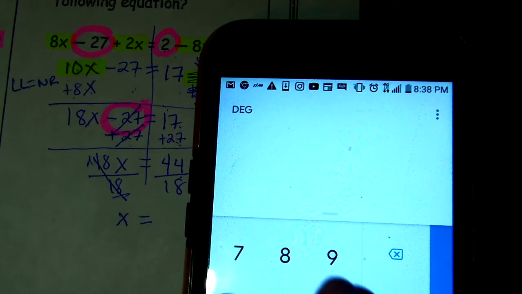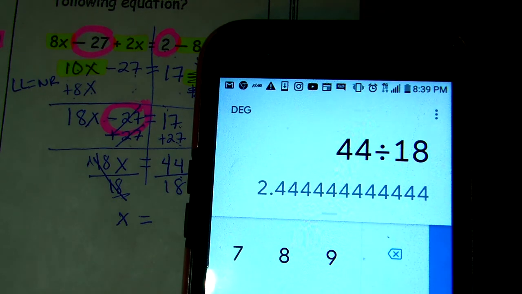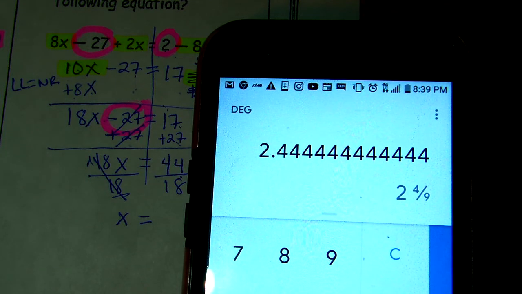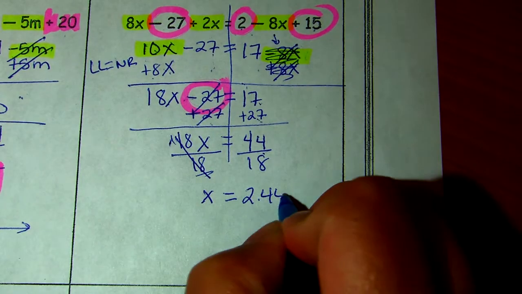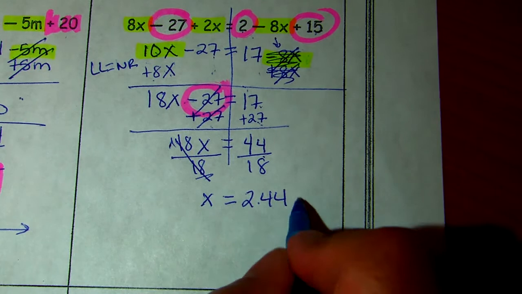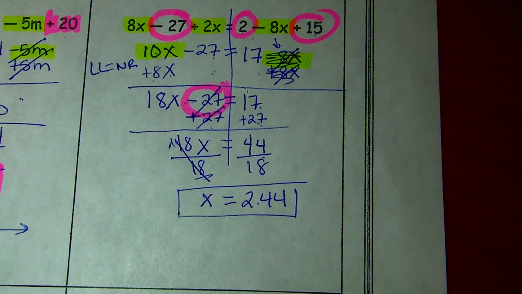Okay, so 44 divided by 18. Since you're going to be using the calculator from your phone, it really doesn't matter. You're going to get a decimal, 2.44. If you're using the scientific calculator, one that you got online or whatever, then you will be able to get a fraction.